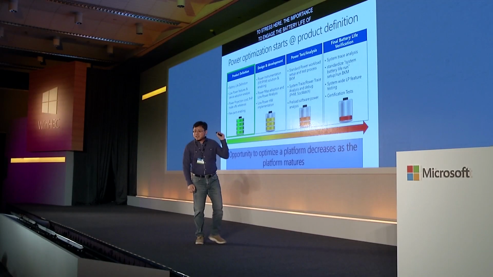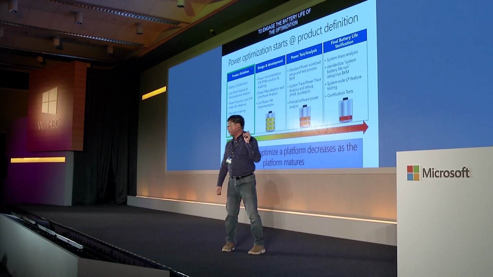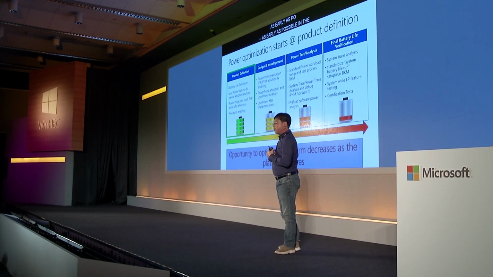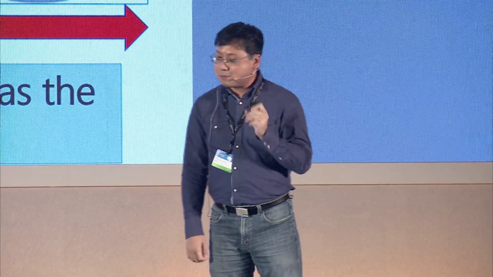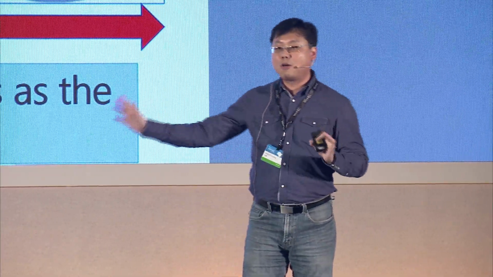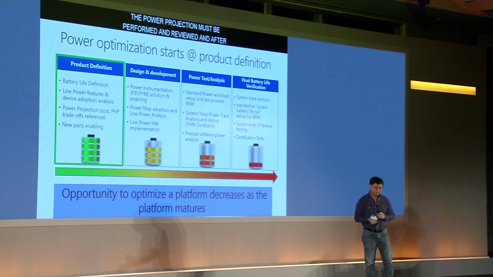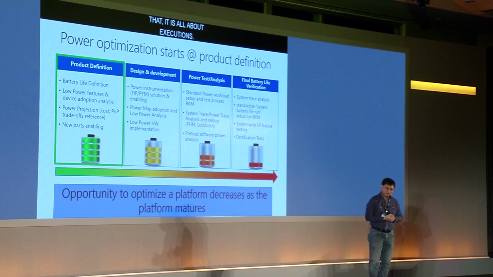Everything is decided in this phase, including setting the battery life target. The low power features and the BOM selections all need to be scrutinized thoroughly. The power projection must be performed and thoroughly reviewed. After that, it is all about execution: a list of actions to be done to optimize towards the target that you set in product definition.